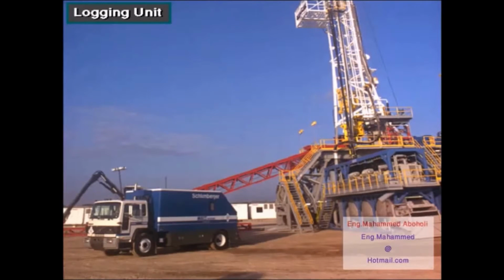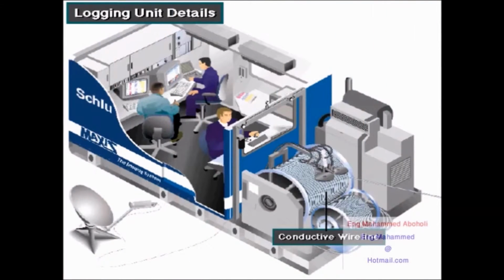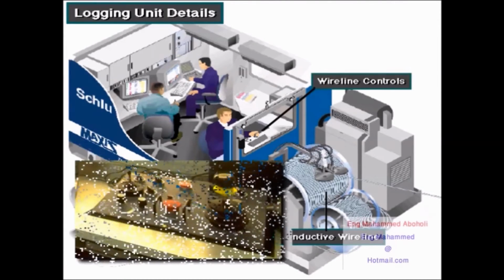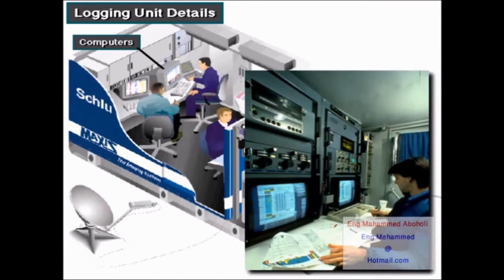Here is a logging truck. It contains the computers, the wireline on the reel, and the controls for the logging operation. In offshore, instead of a logging truck, the equipment is installed in a small house. Wireline controls allow an operator to lower, stop and raise the wireline, and the computers record and display the information from the logging tool through the conductive wireline.